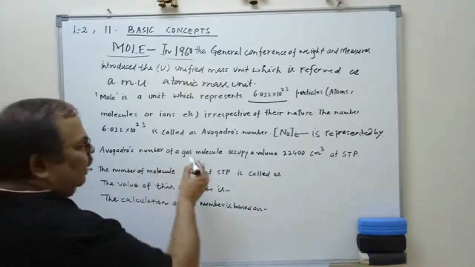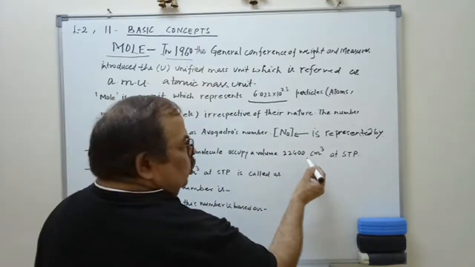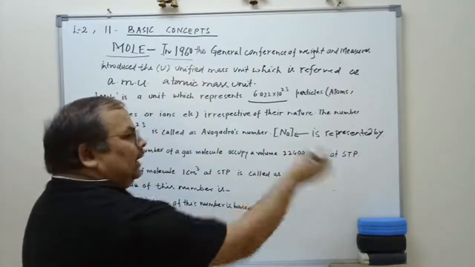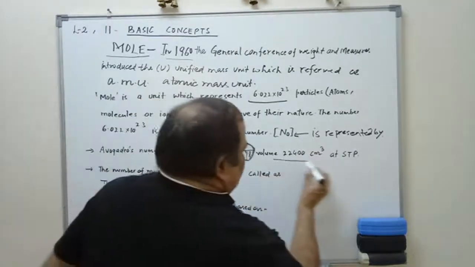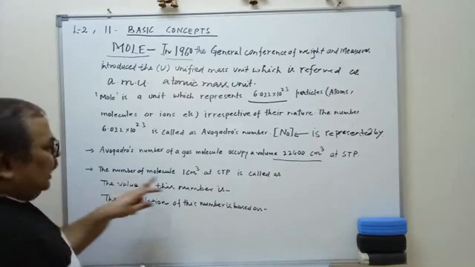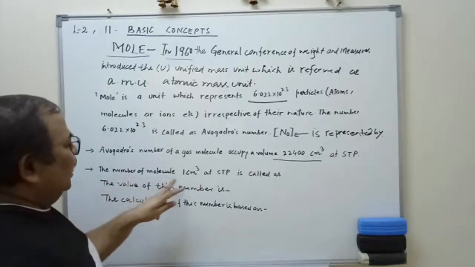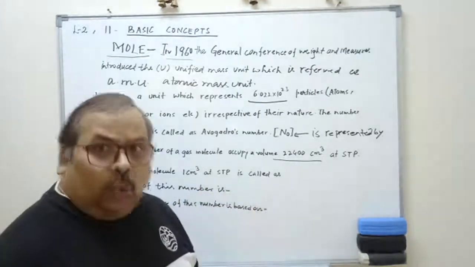Avogadro number of gas molecules occupy a volume of 22400 centimeter cube at STP. This is also a very important point, to be noted. Next thing is, the number of molecules in 1 centimeter cube at STP is called what number?